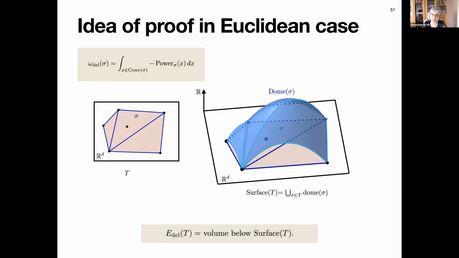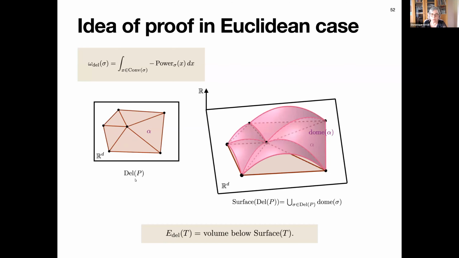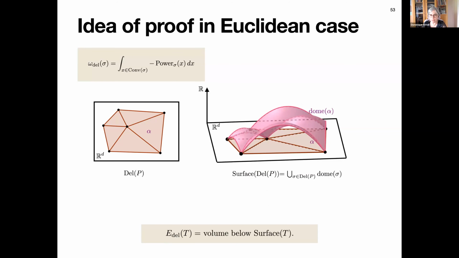And the Delaunay energy of this triangulation is the volume above the convex hull of the point set, above T, and below that surface. And when we consider the triangulation T which is the Delaunay complex of P, this surface tends to be the lowest possible, because the Delaunay energy is the smallest in that case. And so how can we see that precisely?